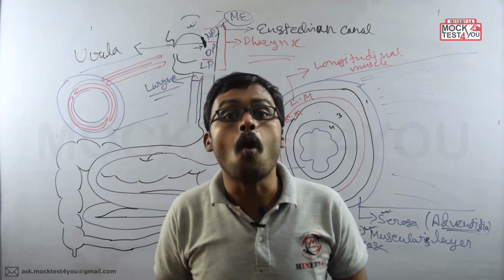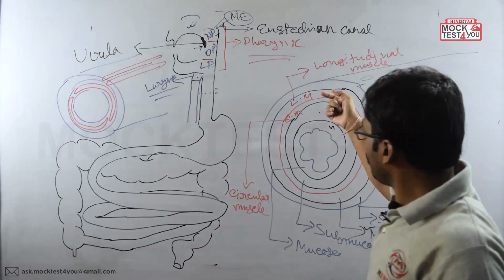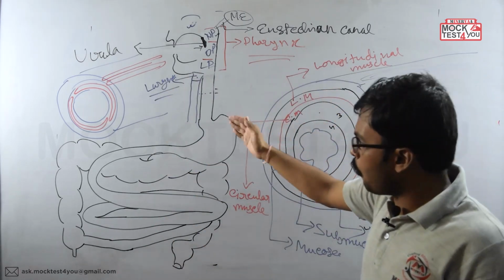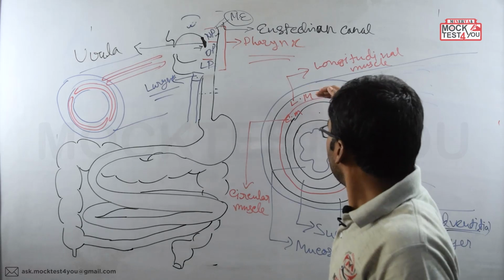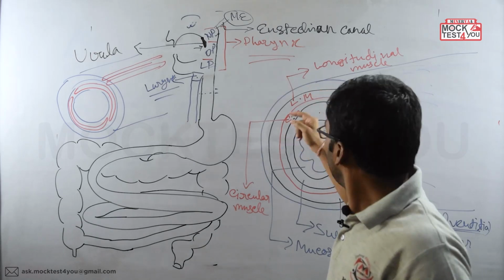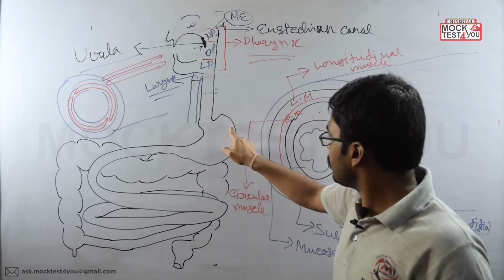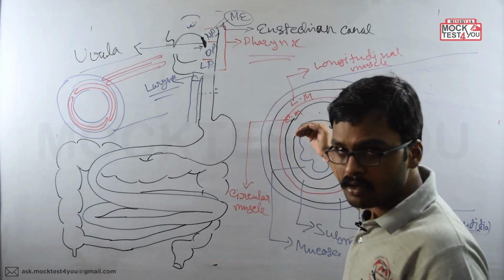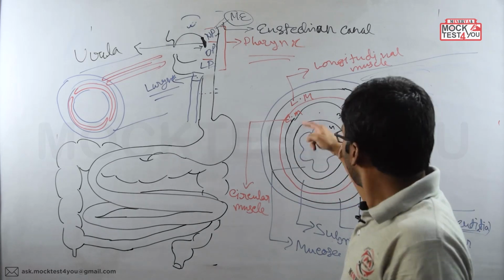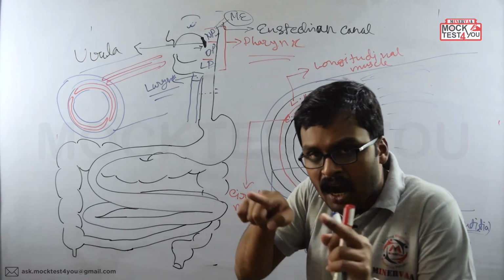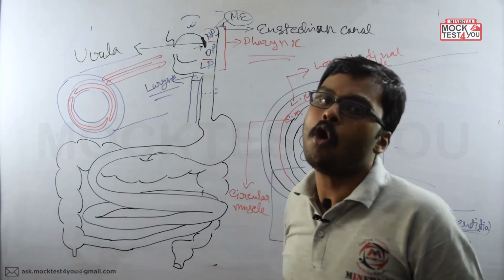If you see the wall of the stomach, from the outside to inside, first we'll get the longitudinal muscle, then the circular muscle to the inner side, and to the inner side of the circular muscle we'll get another muscular layer called oblique muscle.